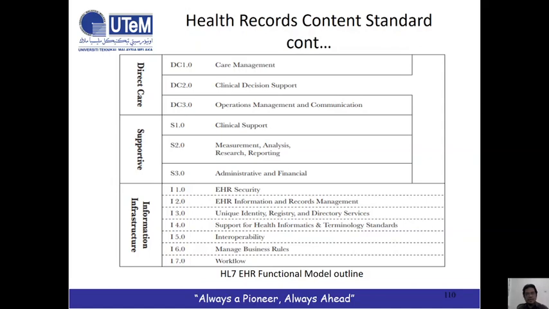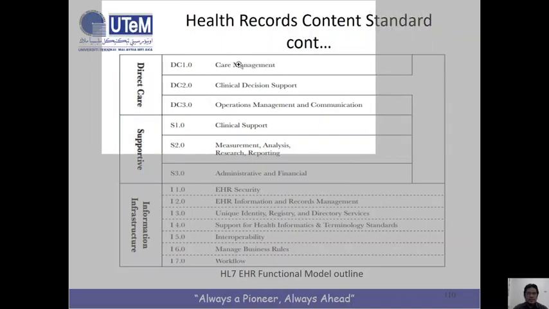So every service has its own standard data. For example, care management, clinical decision support, operation management and communication. Each piece of information here has its own entity, the field of the data.